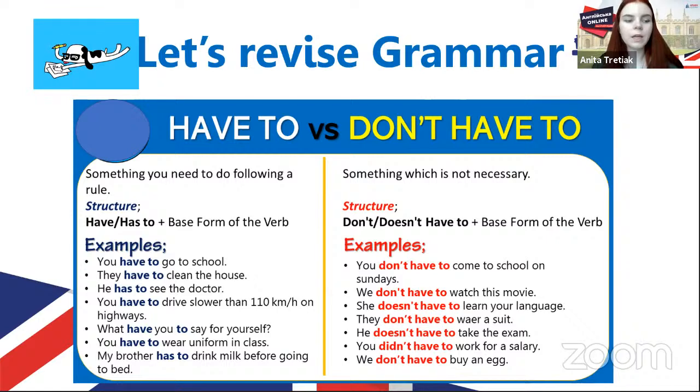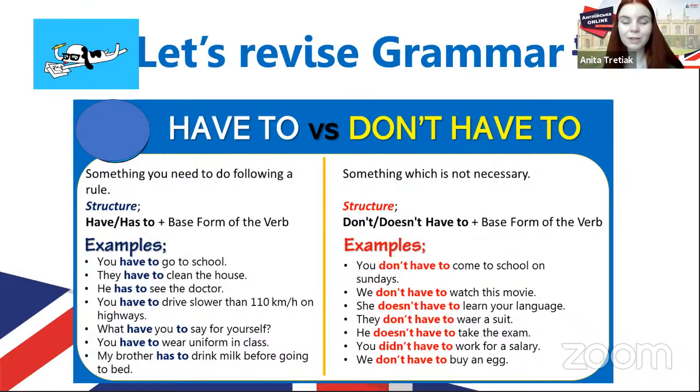First of all, let's say what these phrases are used for. Let's start with have to. So have to, that's a phrase that we use to talk about something we need to do following a rule. For example, you guys have to go to school.